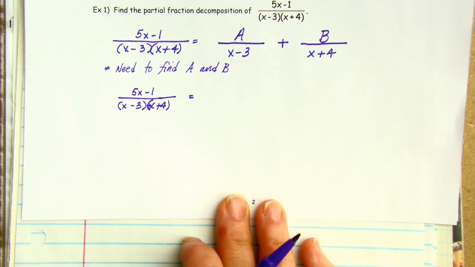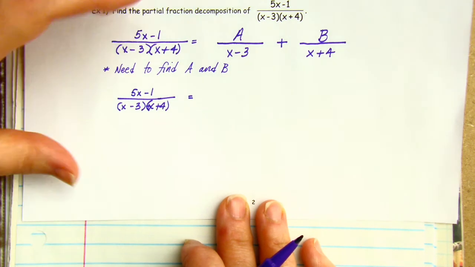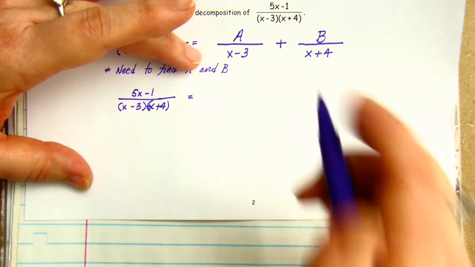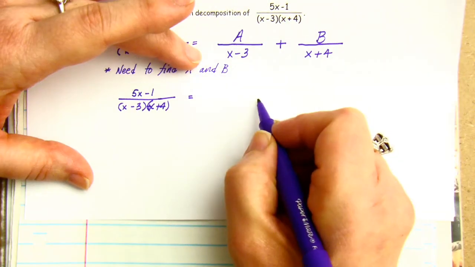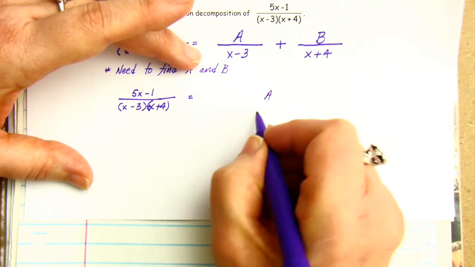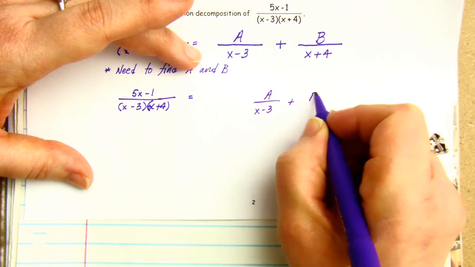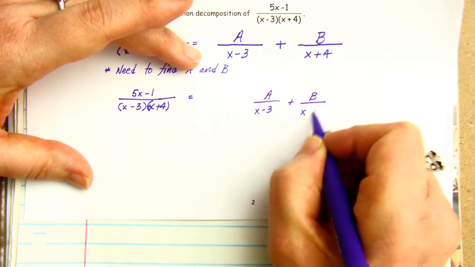If you are asked to find the partial fraction decomposition, then you're going to move on to this next step. All right, so I'm going to save some space here, probably about the width of 2 fingers. And I'm going to copy what I have above.